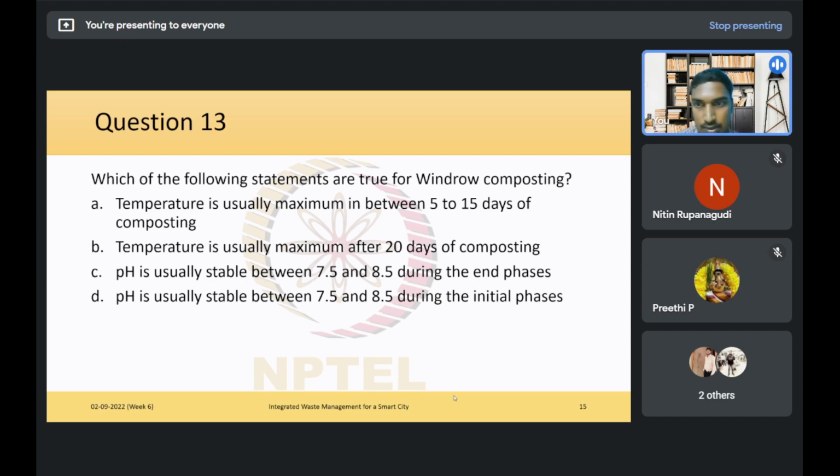Okay, we have one answer, B and C. What about others? Do you agree that B and C are correct, or do you think some other combination is correct?